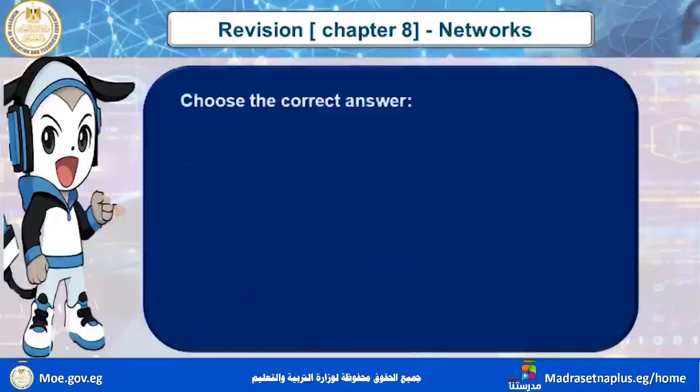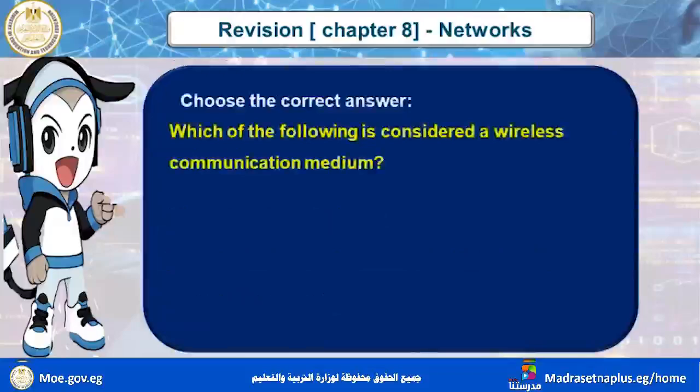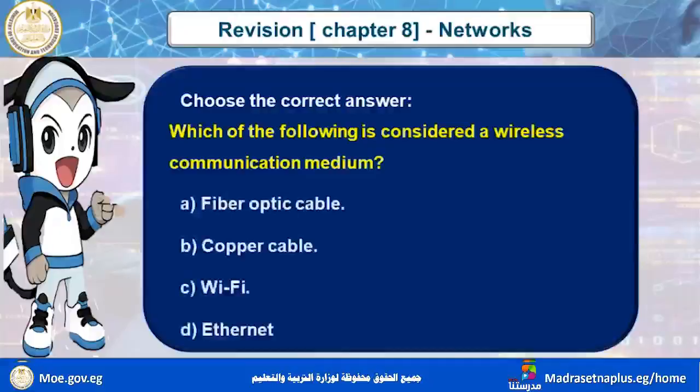Choose the correct answer. Which one of the following is considered a wireless communication medium? Fiber optic, copper cable, Wi-Fi? We talk about a wireless communication medium, so no need to talk about cables, of course. Ethernet is the correct answer?